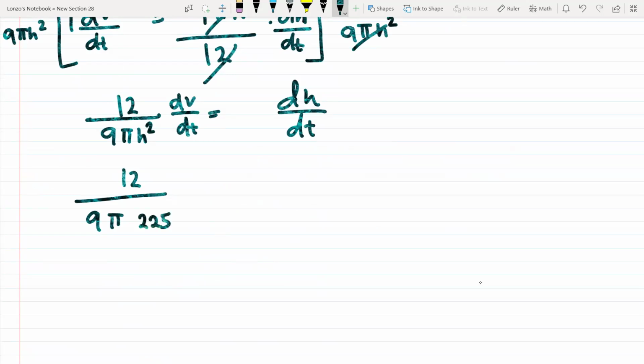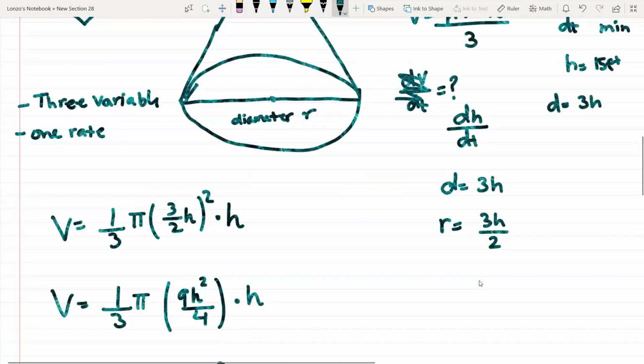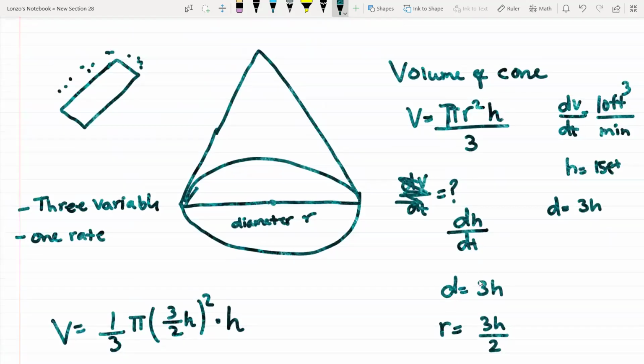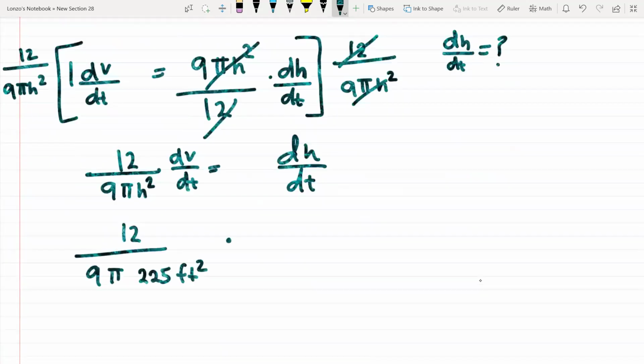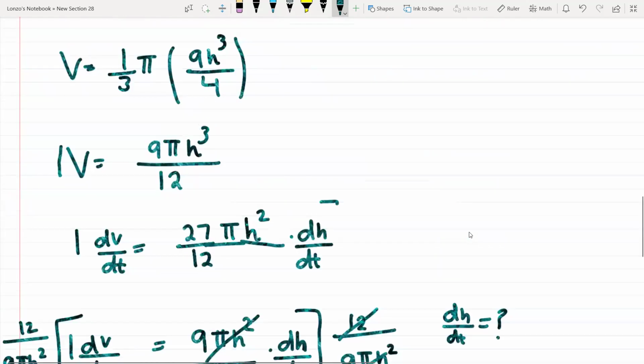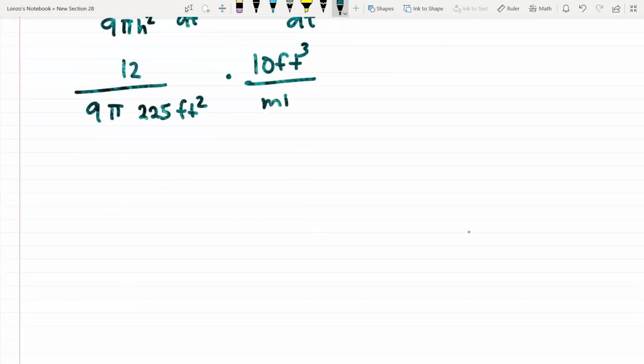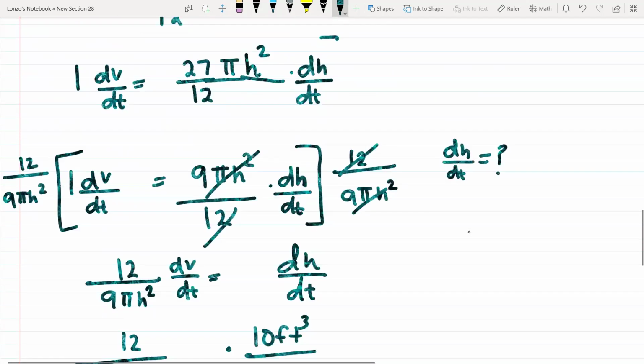And then our units was height, but we have to square it, so this would be feet squared. Okay, and times this by dv dt. What was our speed? Our known speed was 10 feet cubed per minute. So I gotta be a bit careful with the units. So 10 feet cubed per minute. Okay. That gives you dh dt.